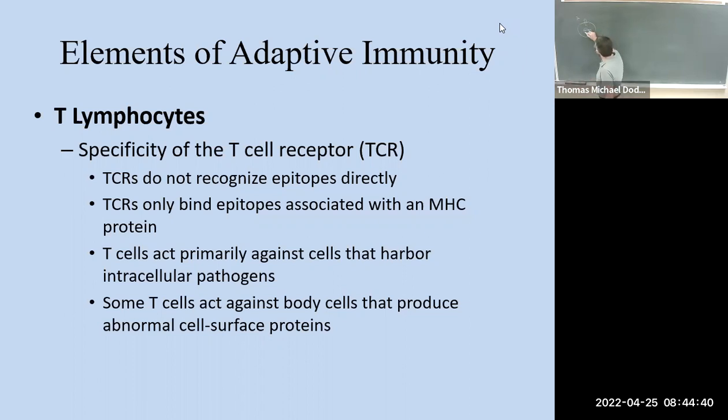But the cell will read these two things and either go through transcription and then translation, or go straight through translation and make more viruses. That's how viruses work, by the way.